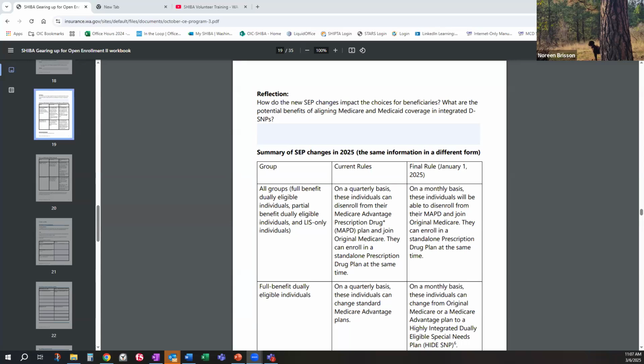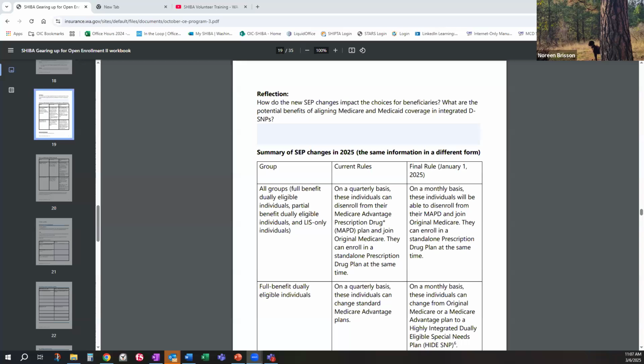Okay, so they can only do it to align their mental health benefits with their medical benefits. They can't do it because they want better dental coverage or they want to be able to go to a different gym. Okay, people can now only change their Medicare Advantage plans for other reasons beyond bringing their Medicaid mental health benefits and their medical benefits in alignment.